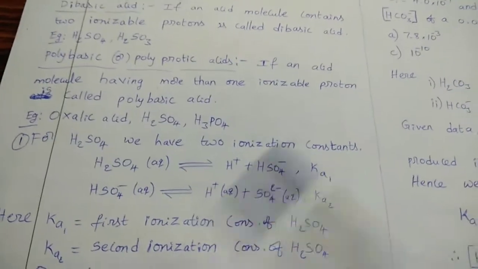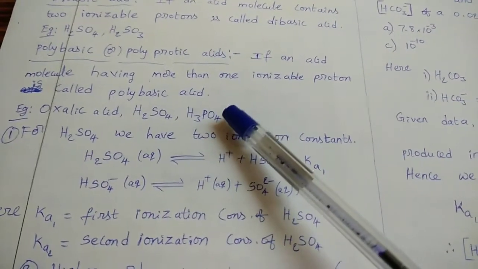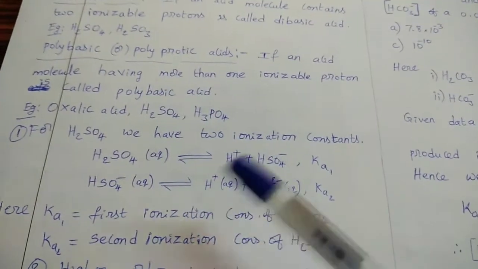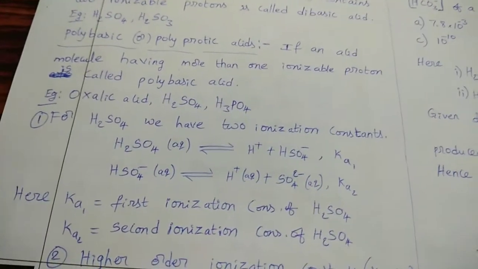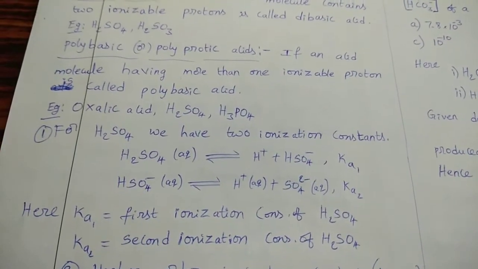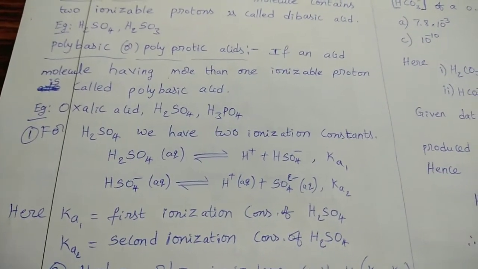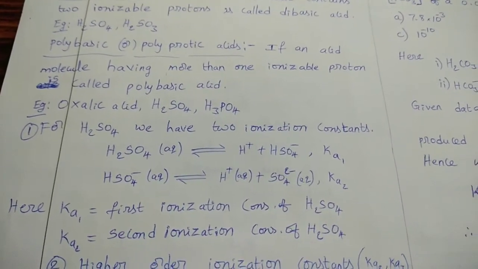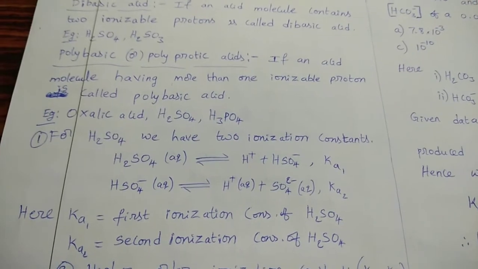In the next step, suppose we take a tribasic acid like H3PO4. HPO4 2 minus undergoes ionization and the respective ionization constant is called Ka3. That ionization takes place to a very small extent, so the Ka3 value is less.